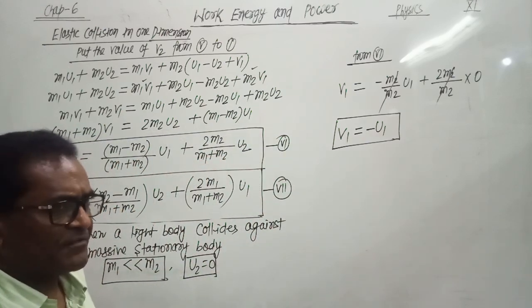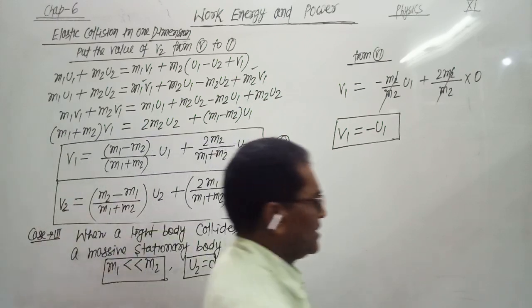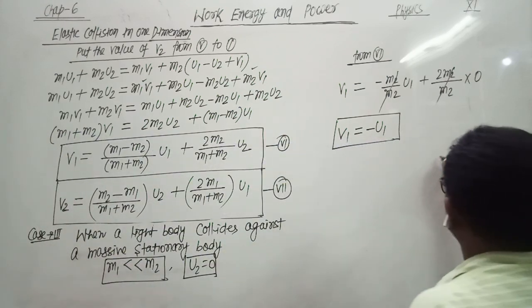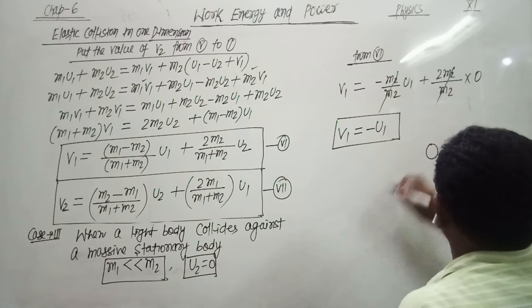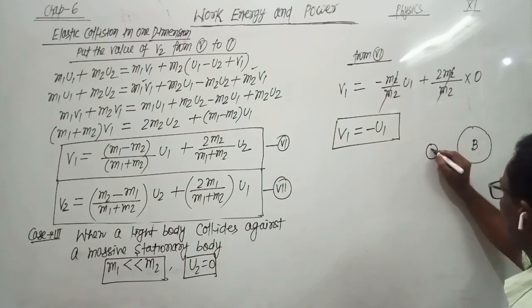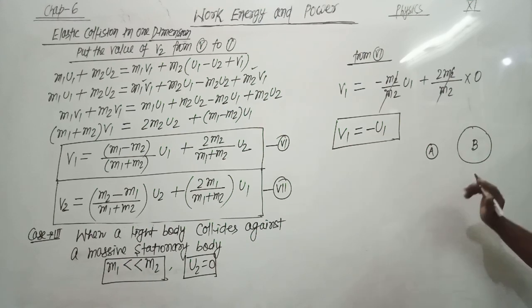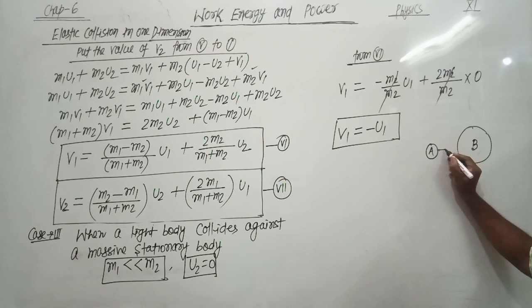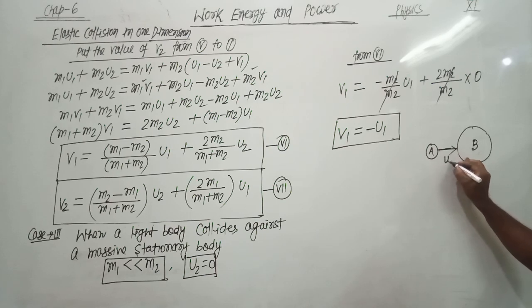Means if the stationary body is massive, suppose this is body B, and there is another body A, mass of body A is much less than the mass of body B, and body A is moving with velocity u1.